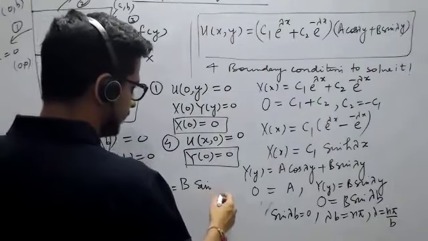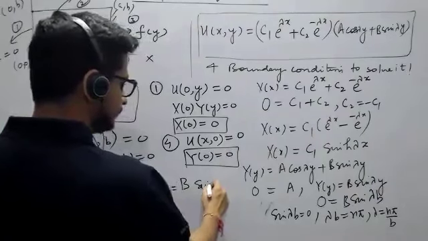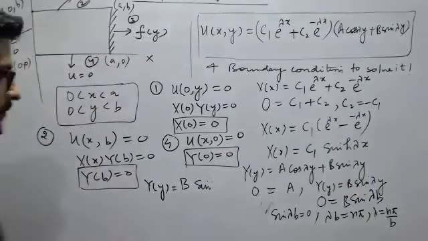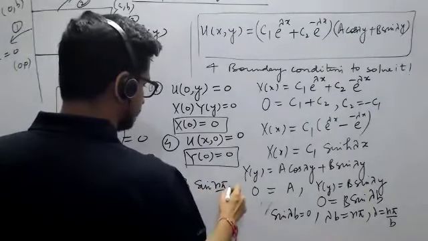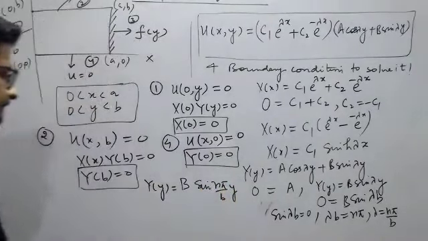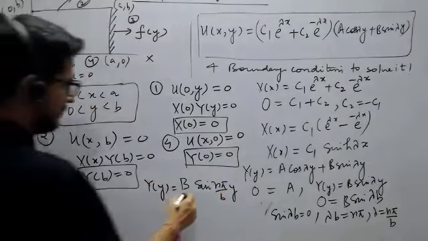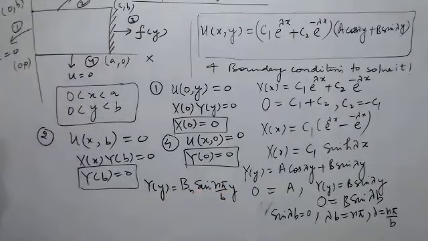So this will become sine of n pi by b into y. Okay, this is the value of Y.